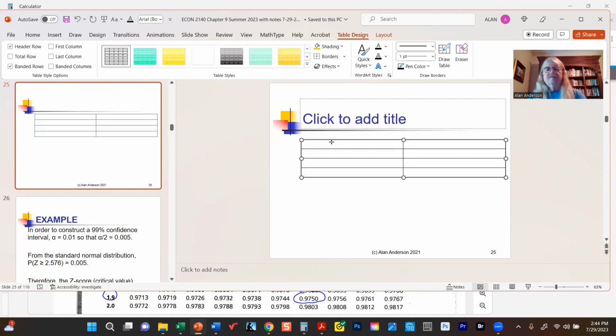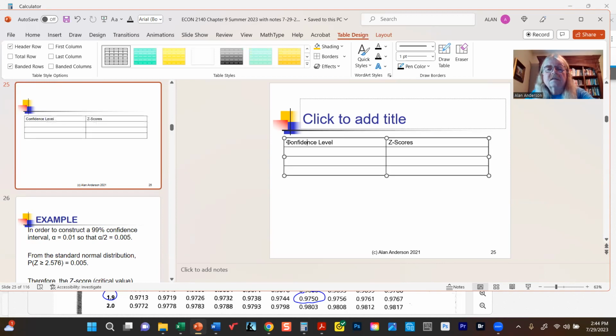There we go. All right, so what I'm trying to do is fill in the rest of them. And we'd like to make the font a lot bigger.